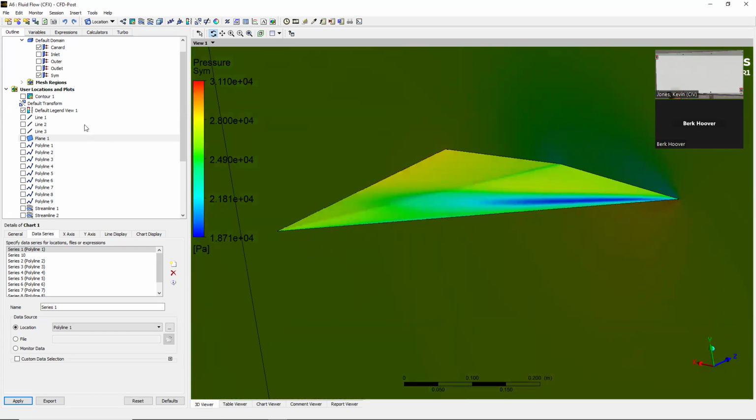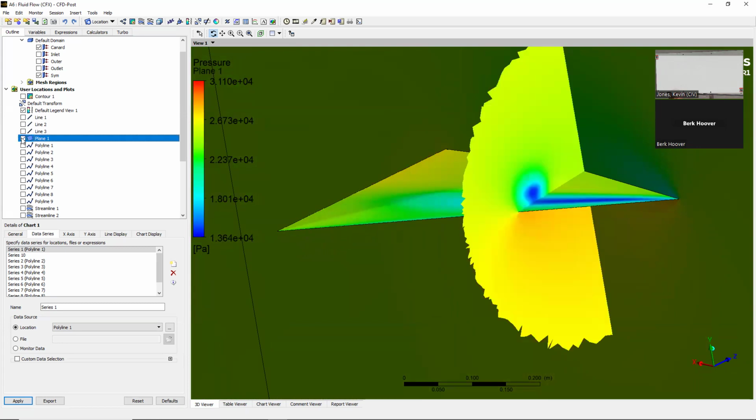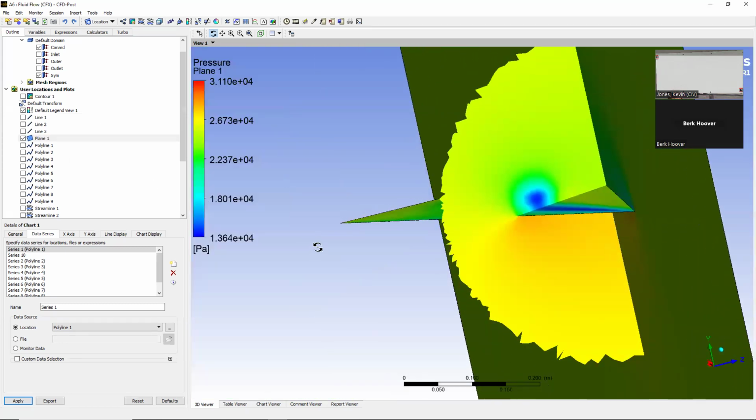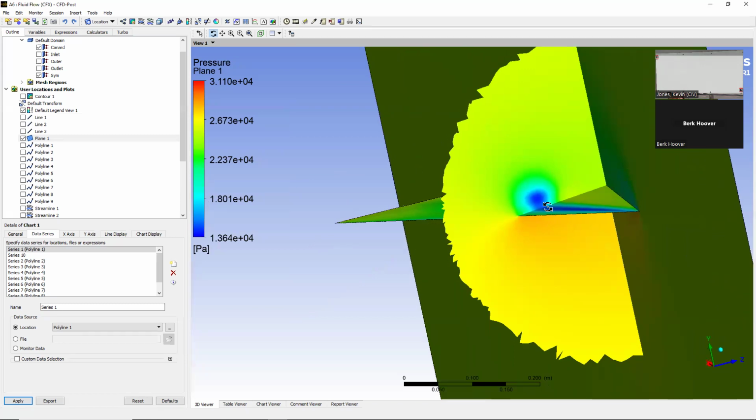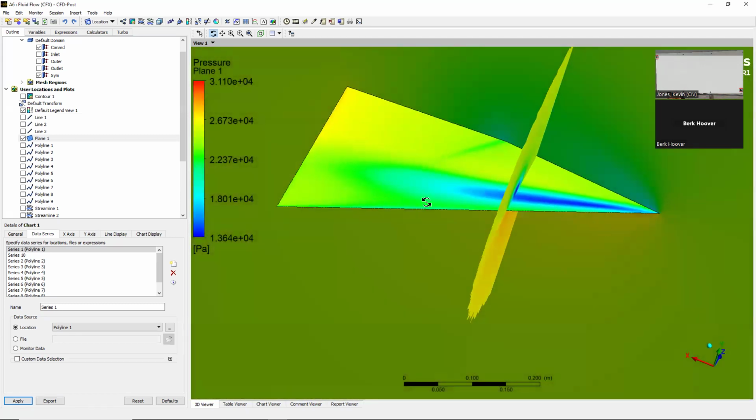I think I've thrown in a cross plane, so there's a plane where you can see what that thing looks like. And I guess you guys could do an animation where you scroll that thing back and forth if you want. You can see back around here someplace, it starts to move away from the surface enough that it has less effect.